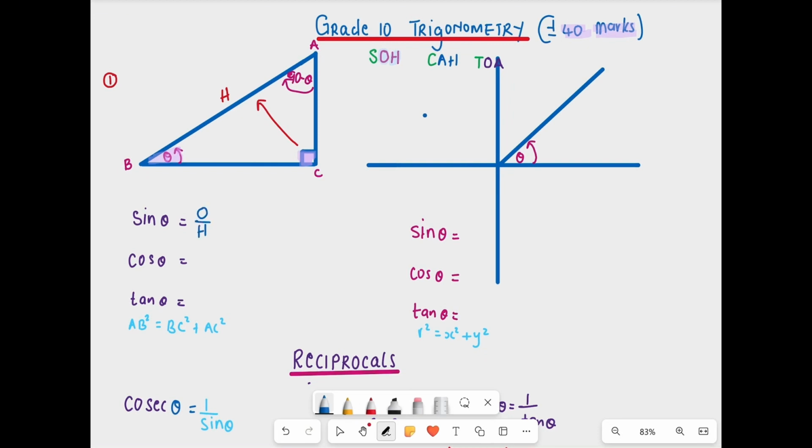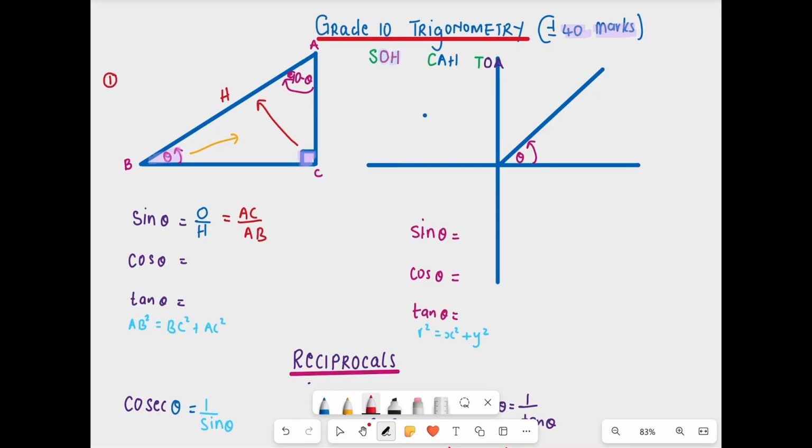So now from angle theta, which side is opposite? Remember, I am checking from angle theta. The side that is opposite from angle theta will be AC. So that means sine of angle theta is the same as AC over the hypotenuse, which is AB.